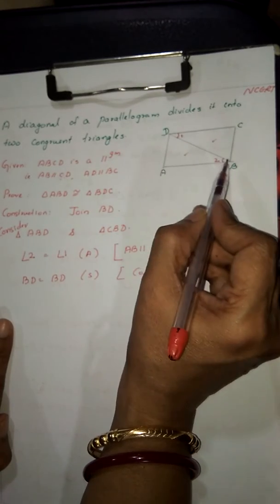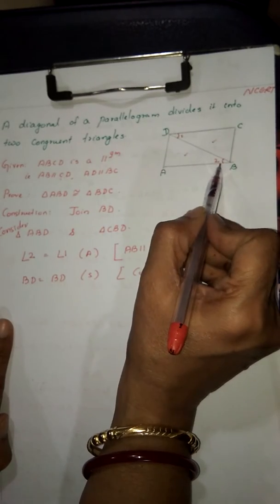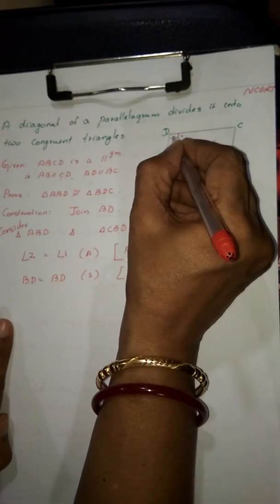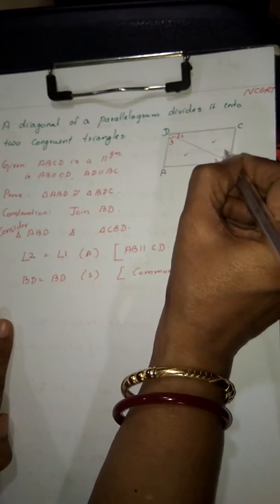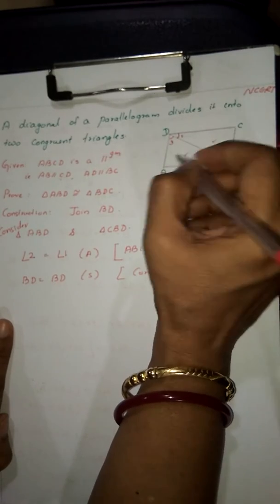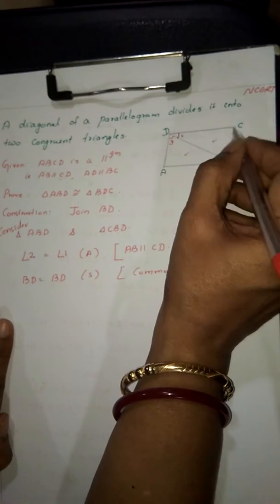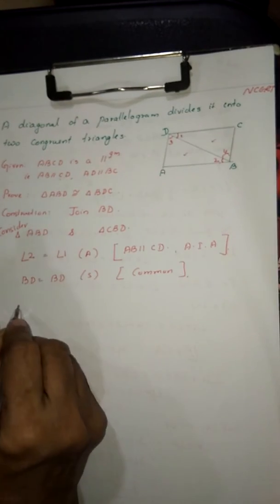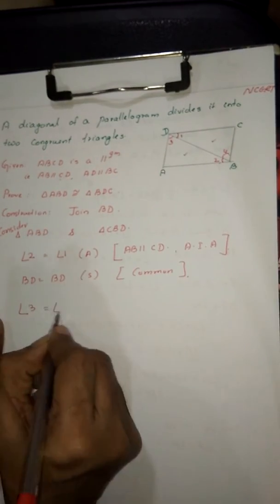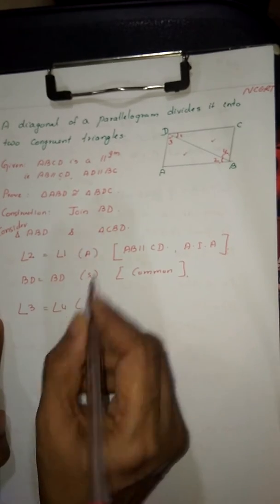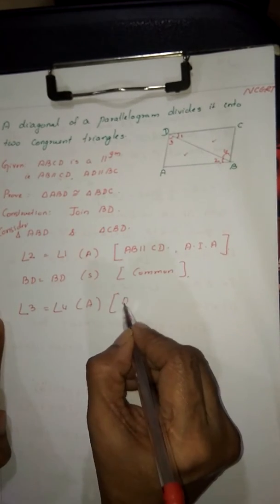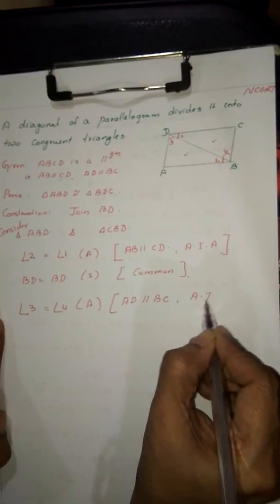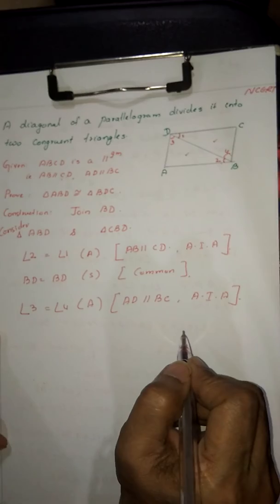Now these two angles are equal because AD is parallel to BC. So angle 3 is equal to angle 4, the reason being AD is parallel to BC, again alternate interior angles.